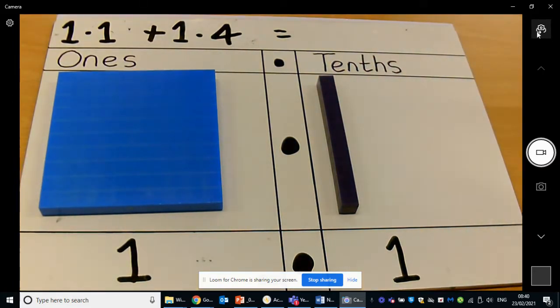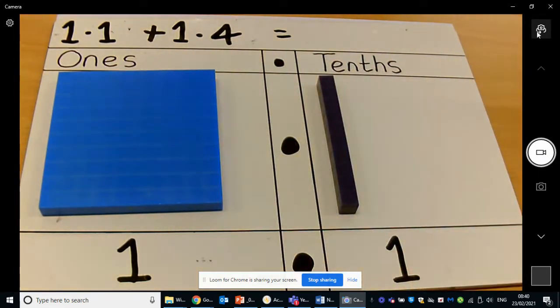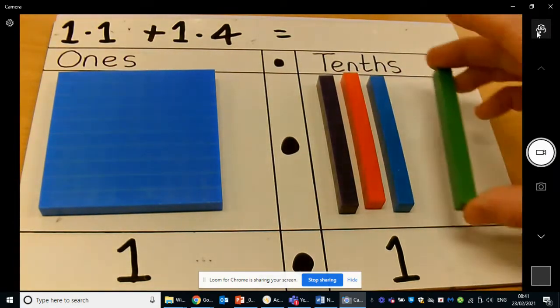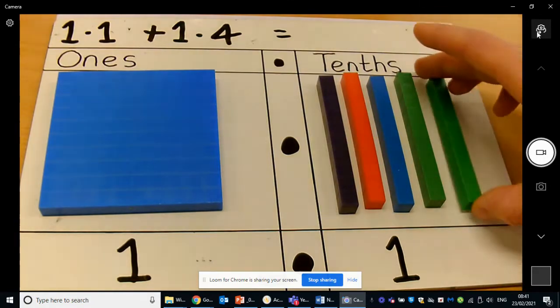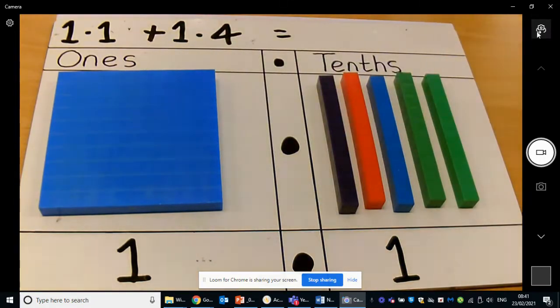At the moment we've got 1.1 displayed in front of us, 1 whole and 1 tenth, and we need to add 1.4, so 0.4 and another 1. First thing that we're going to do is add our tenths. How many tenths do we need? We need 4. So 1, 2, 3, 4. And then we need to add our 1 as well.